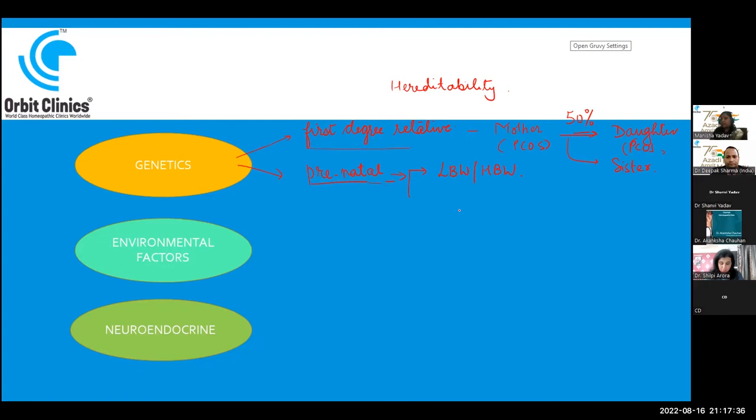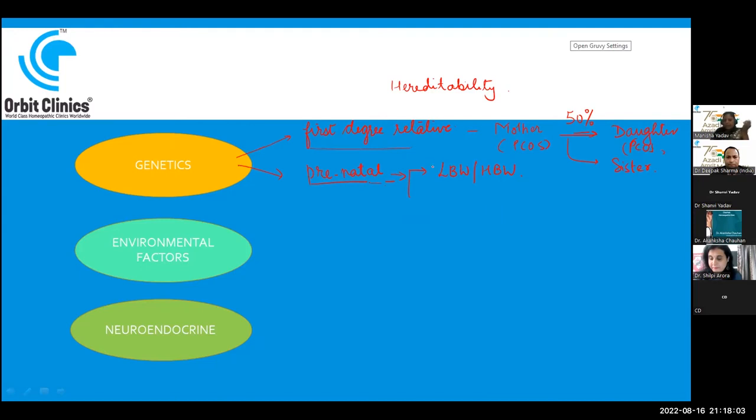Which weight is considered low birth weight? Below 2.5 kg. The normal weight of a newborn baby is above 2.5 kg. If it is less than 2.5 kg, then you can consider it a low birth weight.